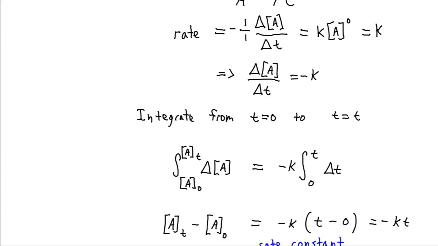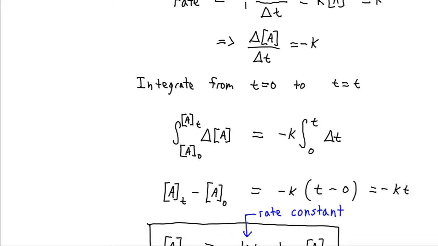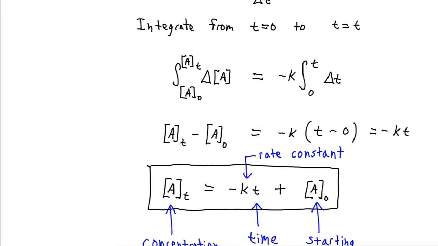And what happens is we get the difference in the final concentration minus the initial concentration is equal to minus the rate constant times the final time minus the initial time, which the initial time we're just always going to take to be 0. So this is just minus kt. And we can rewrite this as so.